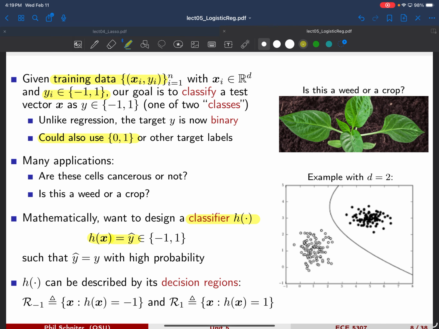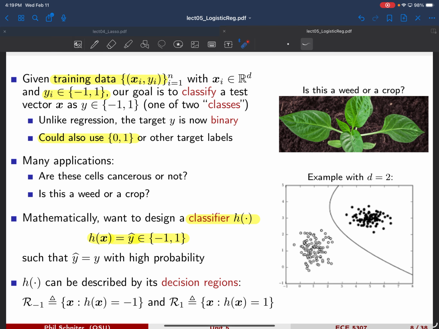Different from regression, what comes out of h has to match this target domain. So if the labels are in {-1, 1}, then the output of h must also be in {-1, 1}. It can't be a number like 0 or 0.5, because you would say, I don't know what you're talking about. Either it's cancerous or not, either it's a weed or it's a crop. You're giving me something that doesn't fit that description.